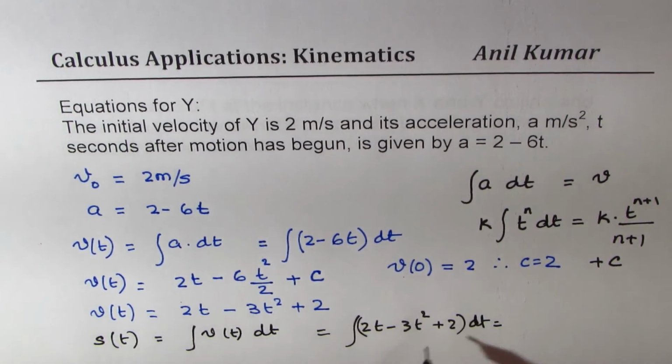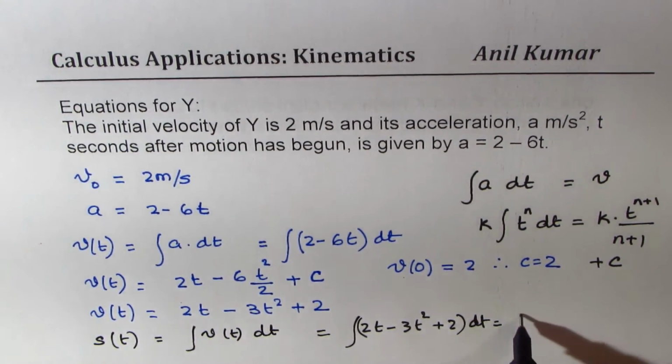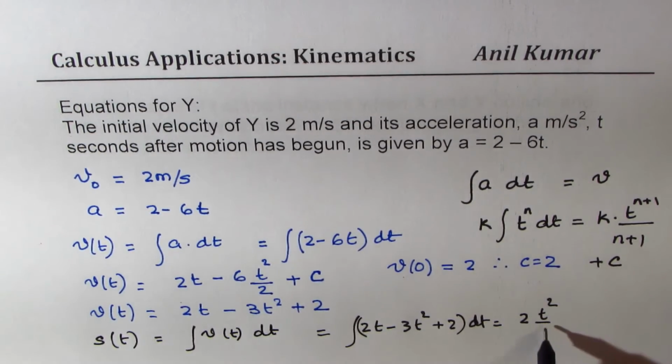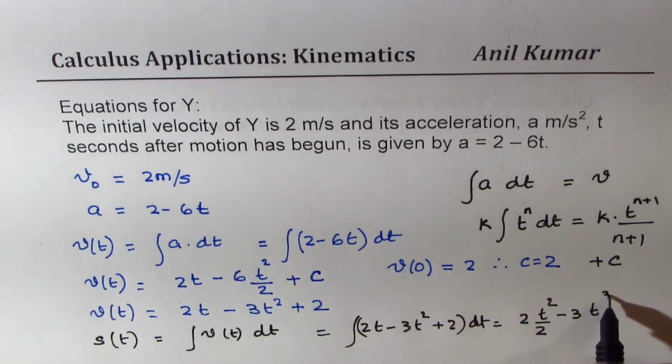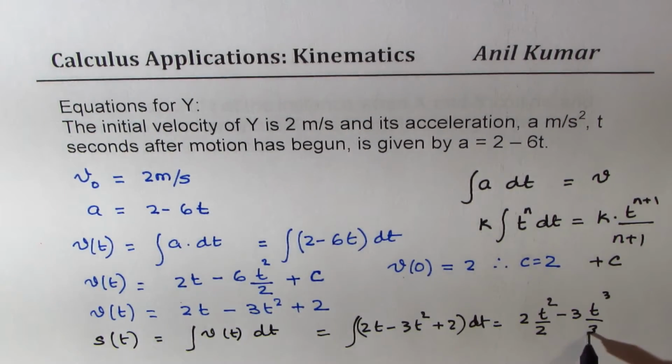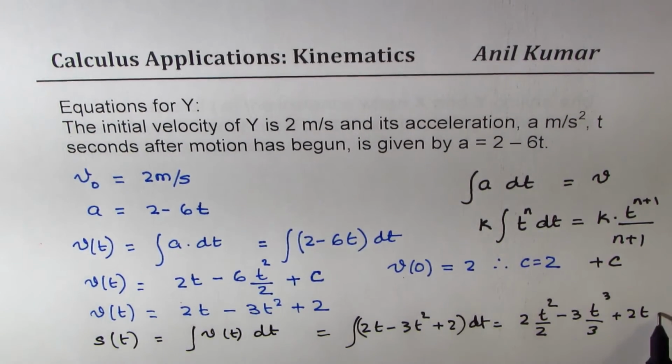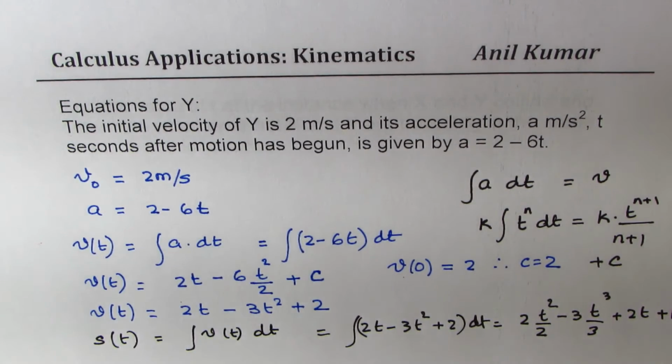So that gives you 2t square over 2 minus 3t cube, add a power, divided by 3, plus 2t plus some constant, let's say k. So that is the displacement expression.